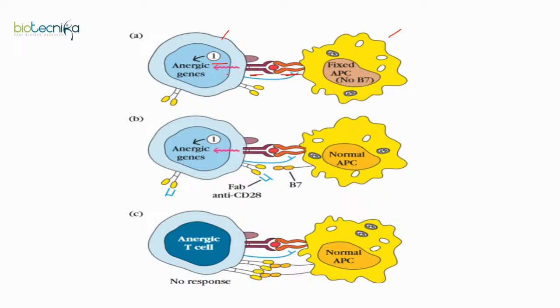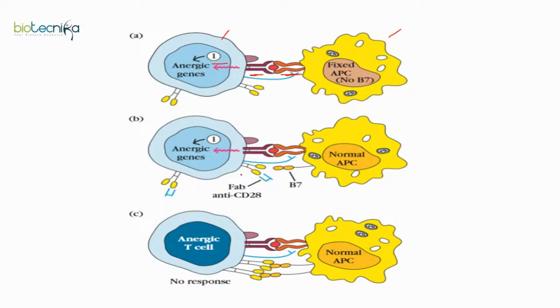Now what happens is, when the first signal is out, it will give out these Fab anti-CD28 molecules. Initially they will give out this molecule here, which is going to be bound by your CD28 actually.